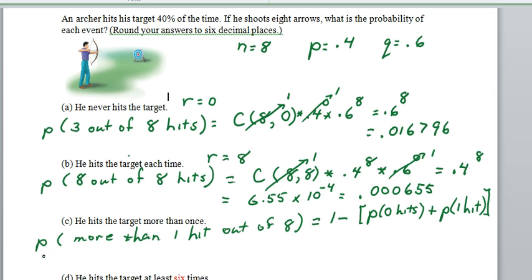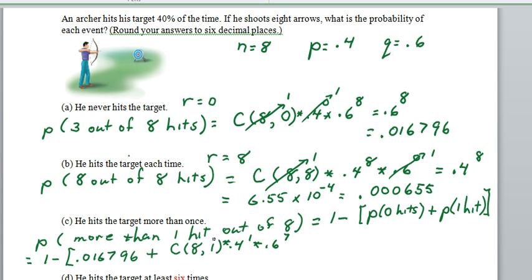So it would be equal to 1 minus 0.016796 plus C(8,1) times 0.4 to the 1 times 0.6 to the 7.